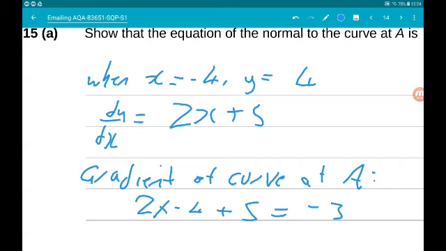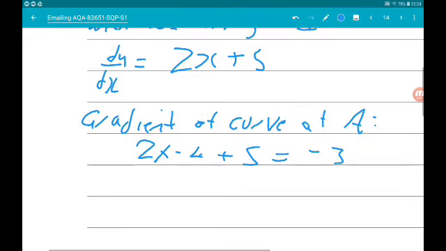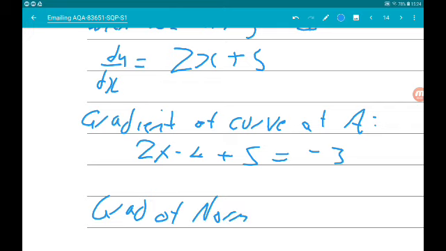Now, a normal is perpendicular to the curve, so when lines are perpendicular, their gradients multiply together to give us minus 1. So to get the gradient of the normal, well, we know that gradient of normal times minus 3 is equal to minus 1.